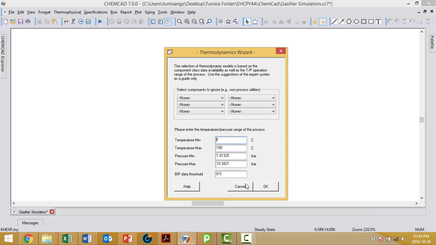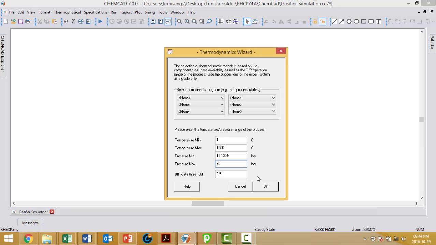Okay, the thermodynamics wizard. Our temperature, we know the gasifier operates at a very high temperature. I think the temperature specified is 1150 degrees Celsius, so I will put 1500 as the high temperature. And then the pressure, I will just put 80 bar because our methanol synthesis operates at 80 bar.